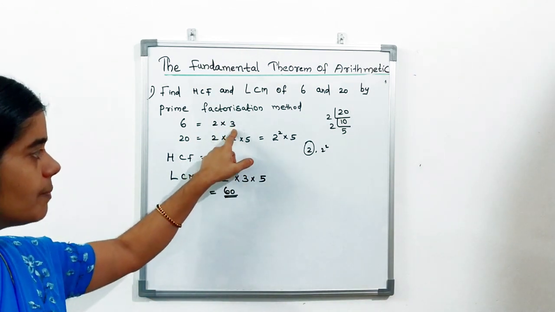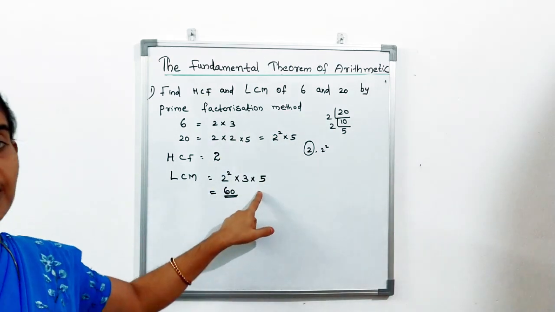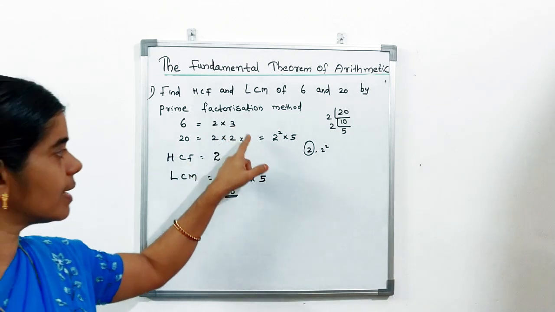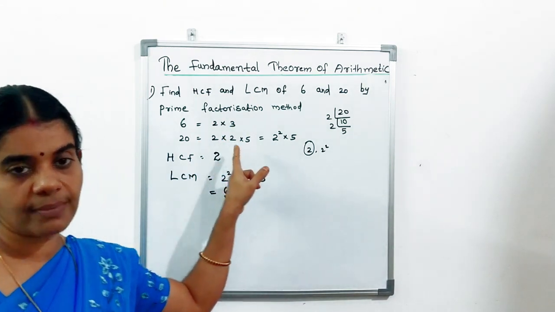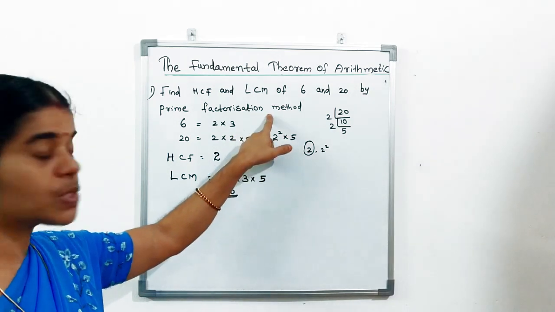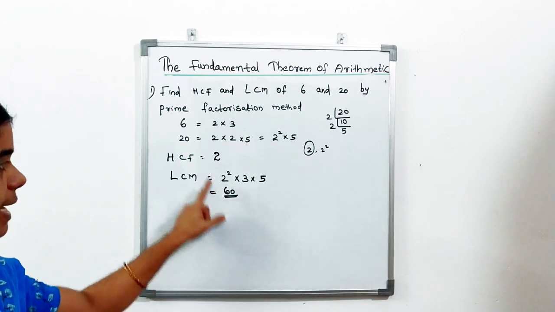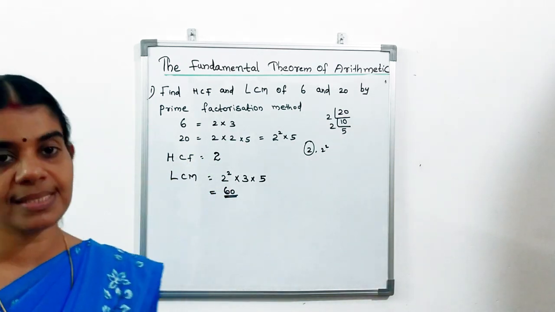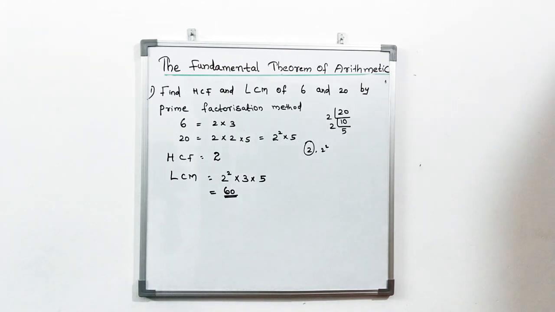Only one 3, therefore you choose 3. Only one 5, therefore we choose that 5. Suppose 3 and 3 square were there, in the case of the LCM we would take 3 square. If here 5 only and there 5 square, you would choose the highest power. Therefore 60 will be the LCM and 2 will be the HCF. Is it clear? Next we can do one more question.